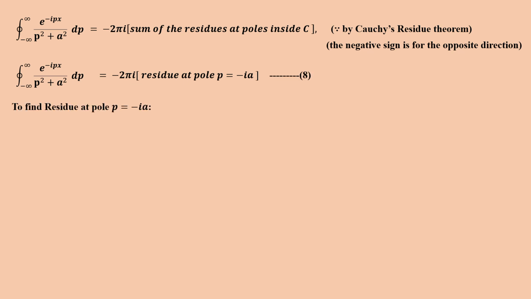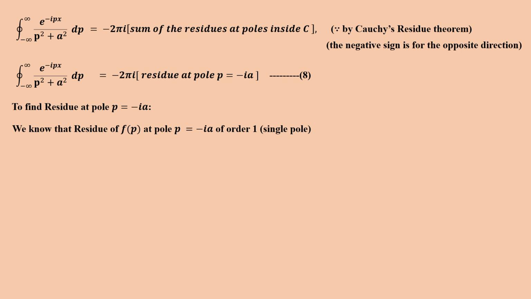So we need to find the residue at the pole p is equal to minus ia. We know the residue of f of p at the pole p is equal to minus ia, of order 1, a single pole.